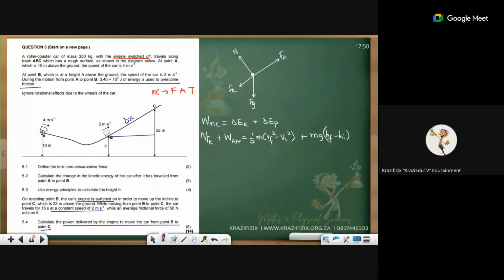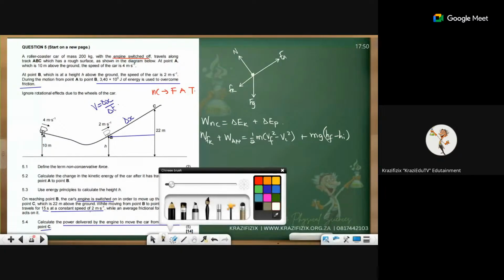You need the height of these. But no, we can actually use that 15 seconds because it's moving at a constant speed. So we know that speed is delta x over delta t. Yeah, you can. You get a mark for that. Yes, I know you have been traumatized by that formula.